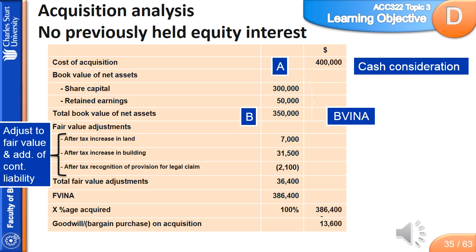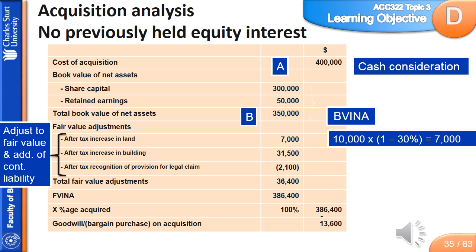First we have the after-tax increase of land, which is $7,000, and how that's calculated is it was a $10,000 increase less the 30% tax effect is $7,000. So we're not including the tax portion because we're recognizing that 30% amount as a future tax payable. It's a deferred tax liability in the future when it's sold for that increased value. And so it's recognized as $7,000 there.